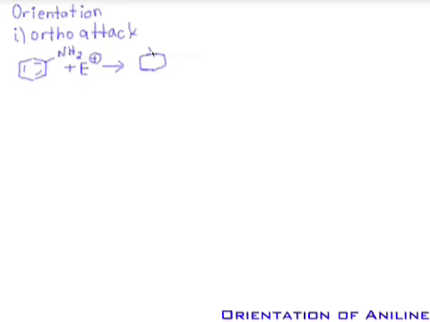Here. We'll put it on ortho. When these pi electrons go to the electrophile, that puts a positive here, and we begin to draw resonance structures.